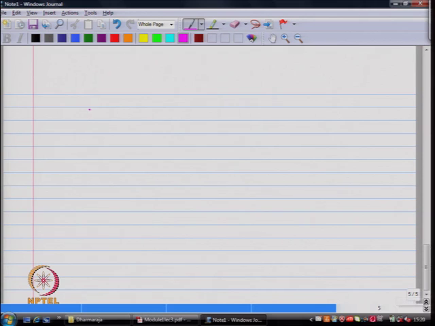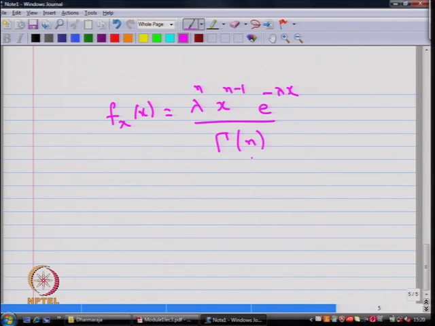We know that the probability density function of the gamma distribution is lambda power n x power n minus 1 e power minus lambda x divided by gamma of n. Since n is a positive integer, gamma of n is n minus 1 factorial. Now, we can find the CDF of this random variable, that is the integral from minus infinity to x of the probability density function.